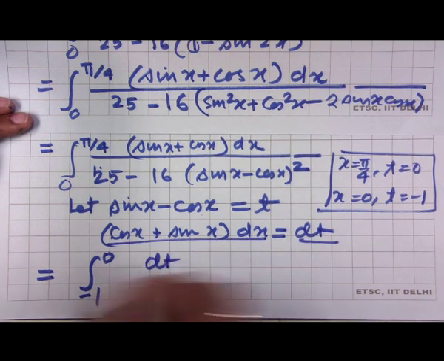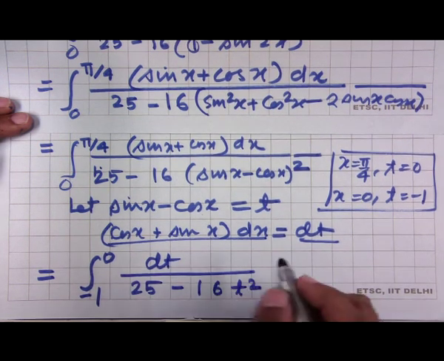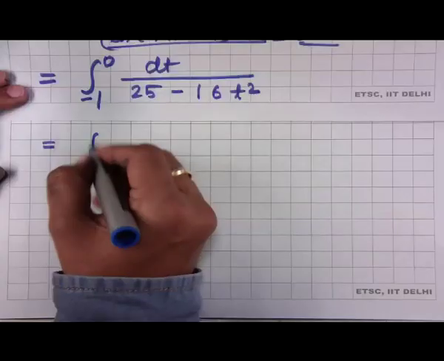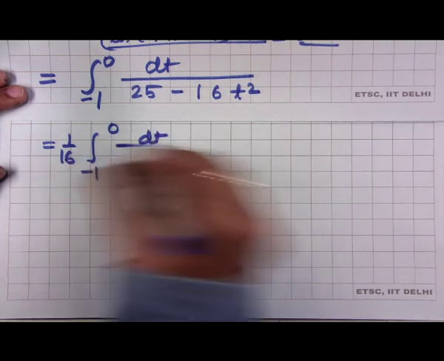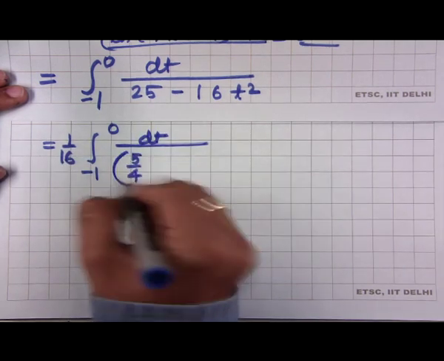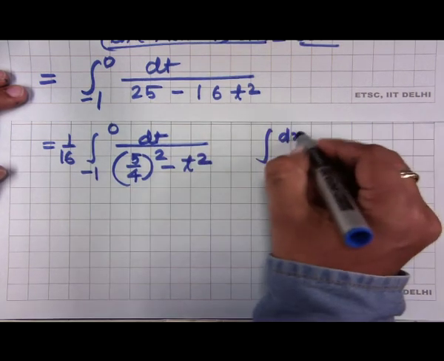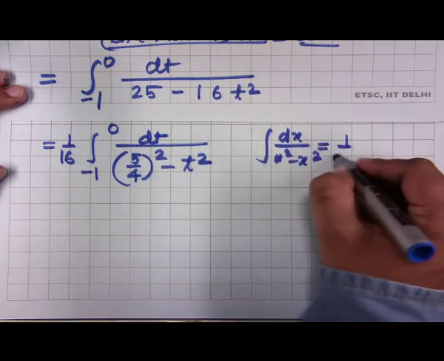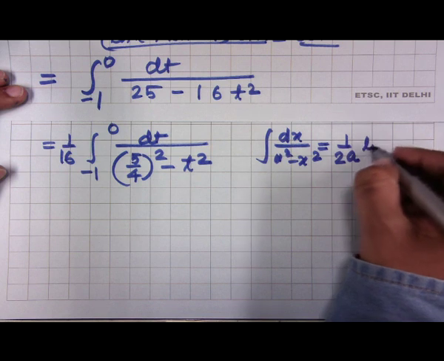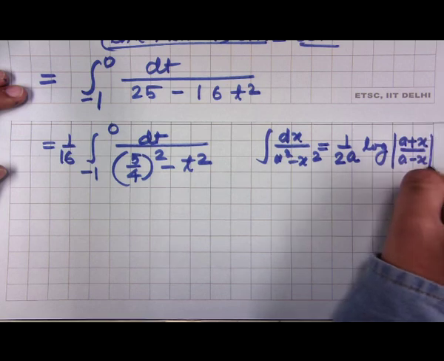So the value of the integral is dt by 25 minus 16 t square. This is equal to minus 1 to 0, 1 by 16 dt by (5 by 4) whole square minus t square. Now using this formula, dx by a square minus x square, you can write this value as 1 by 2a log of mod a plus x by mod a minus x.